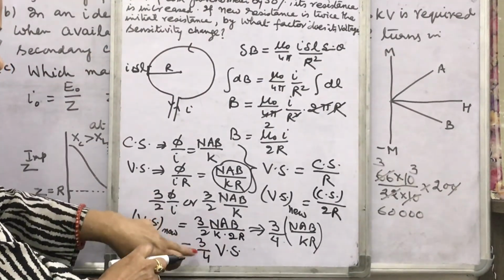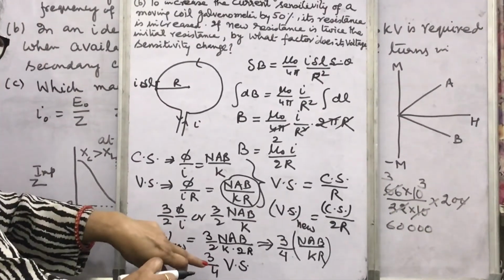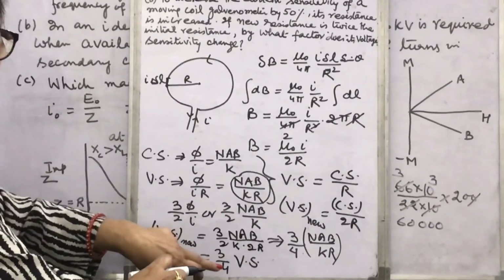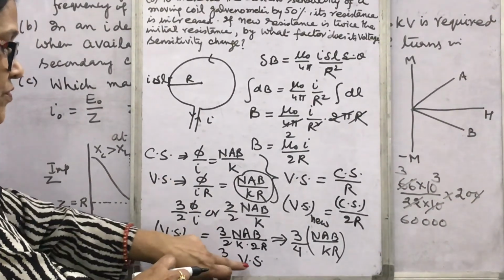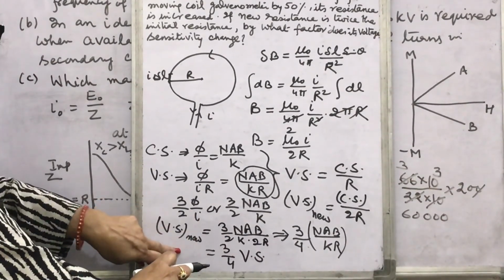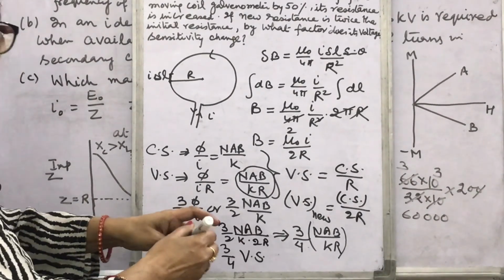It is reduced and becomes 3/4, which is 25% less. The new voltage sensitivity is 3/4 of the old one. So in this way you have to solve. I hope you must have enjoyed.